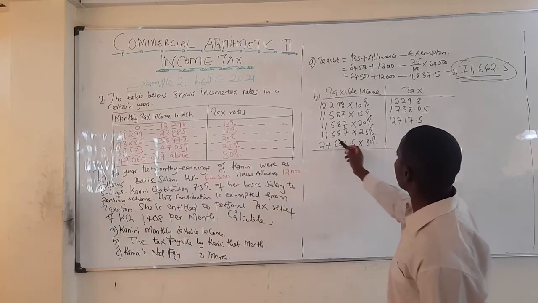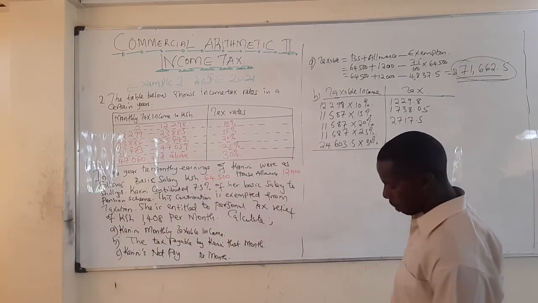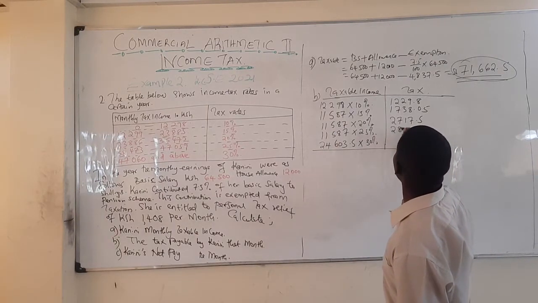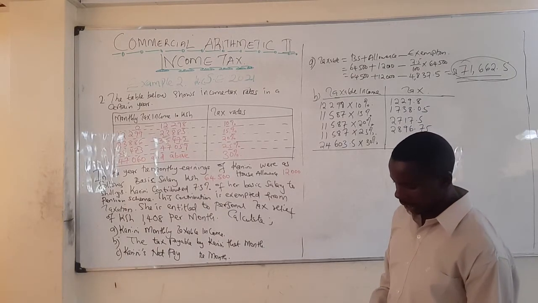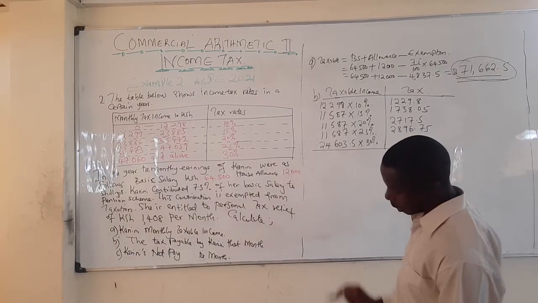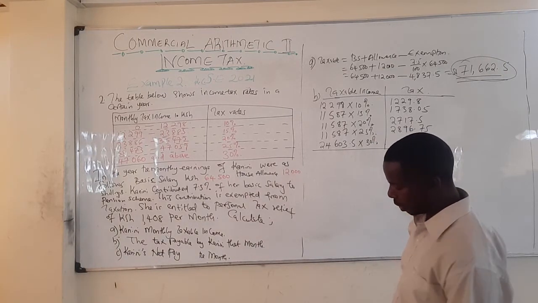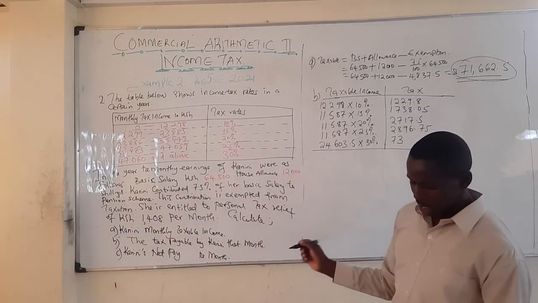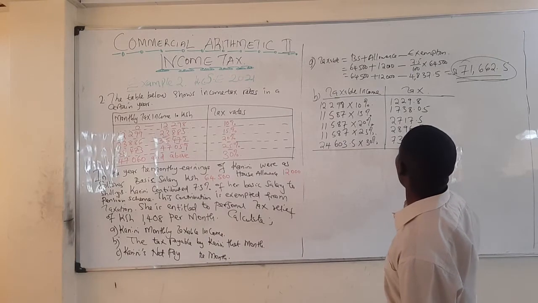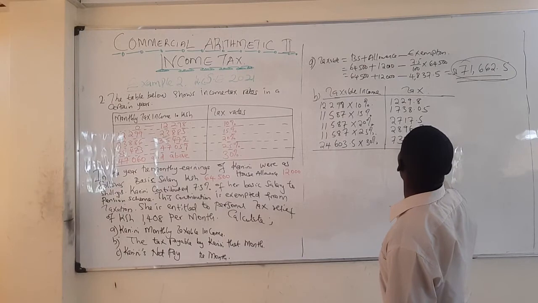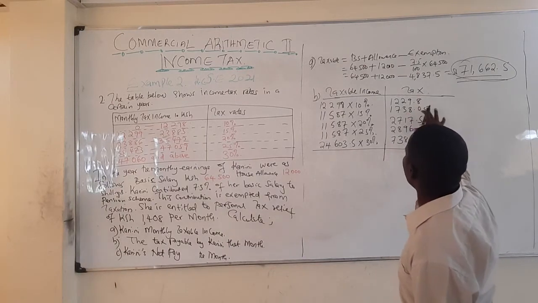Next, we're going to be having 11,587 times 25%. It's going to give you 2,896.75. And lastly, we have 24,603.5 times that percent. It's going to give you 7,381.05. So that is the tax.